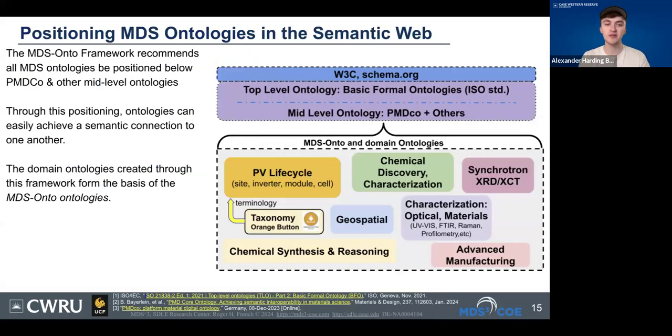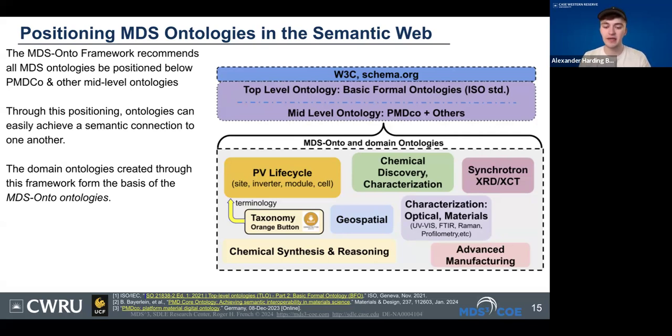So the MDS-Onto framework recommends that all materials data science ontologies be positioned below PMDco and other mid-level ontologies in the semantic web. Through this positioning, ontologies can easily achieve a semantic connection to one another. And the domain ontologies that are created through our framework form the basis of the MDS-Onto ontologies.